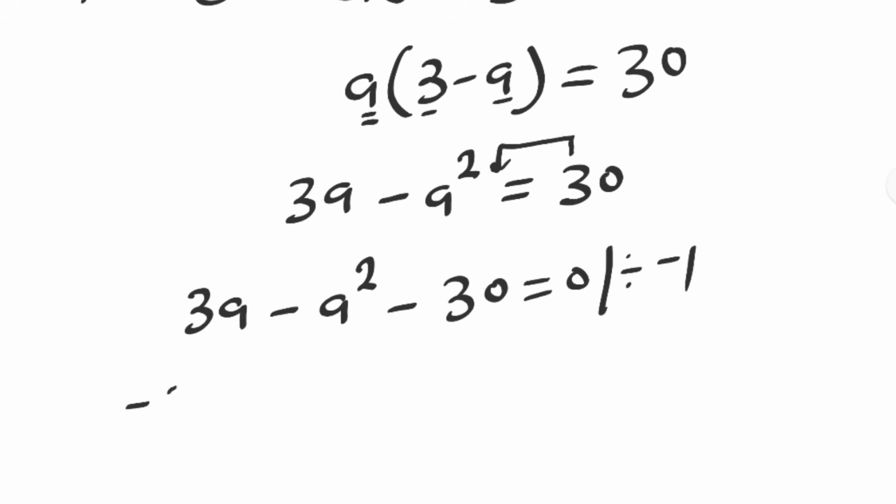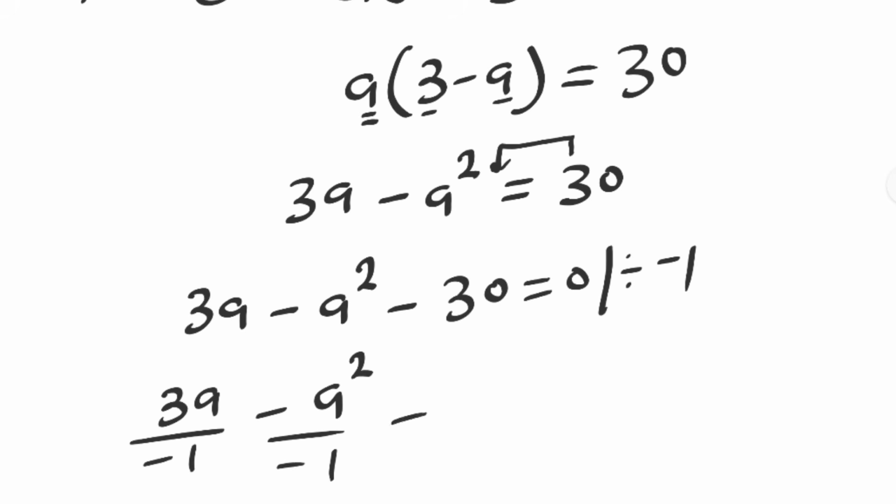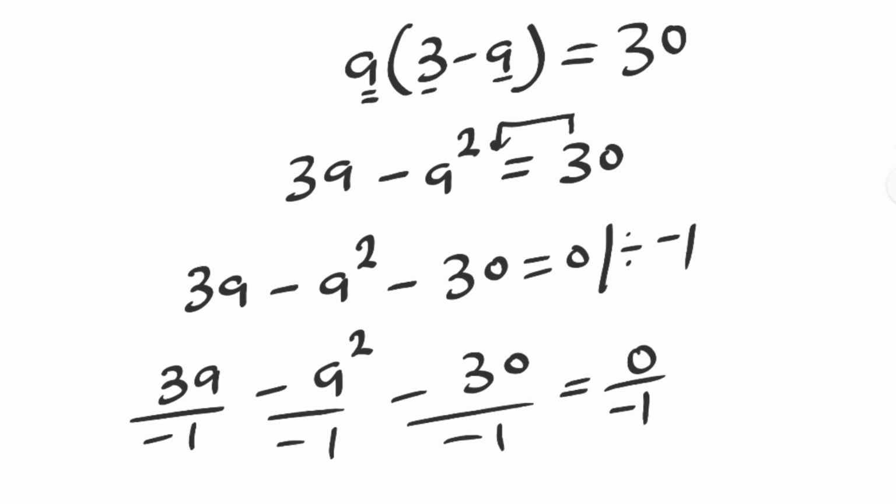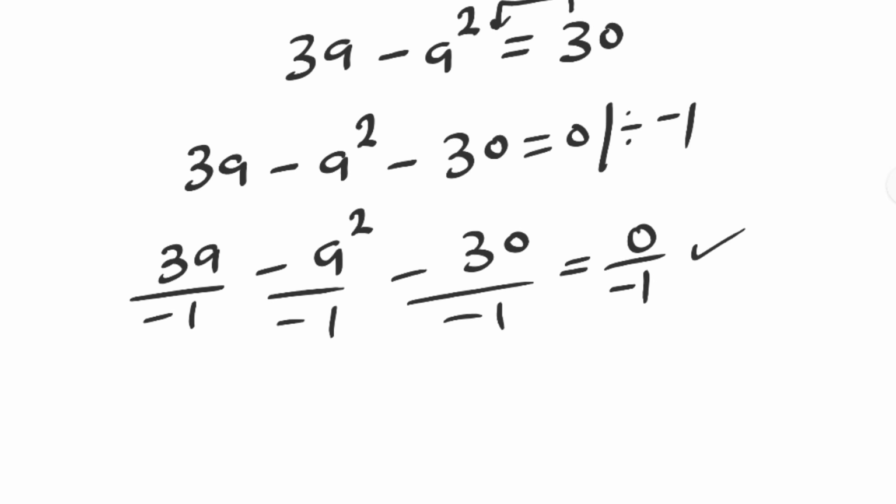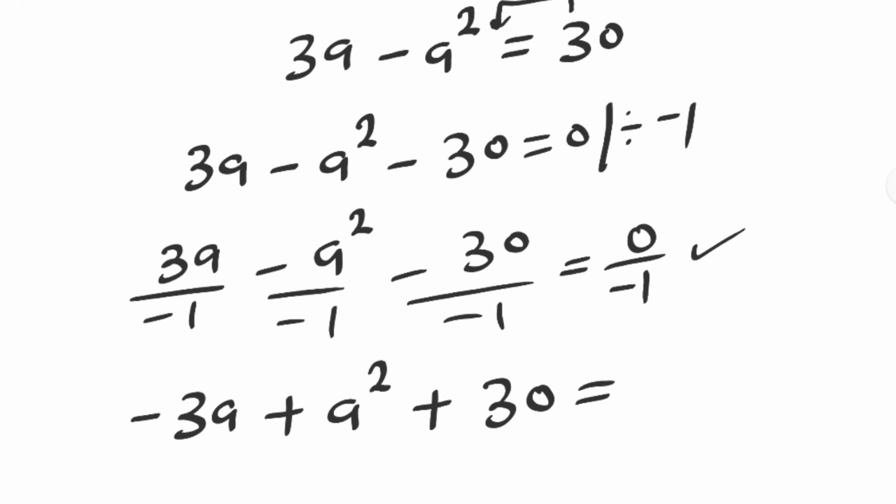Then we have 3a divided by minus 1, then minus a square divided by minus 1, minus 30 divided by minus 1 is equal to 0 divided by minus 1. Then the whole of this can be written as minus 3a plus a square plus 30 is equal to 0.